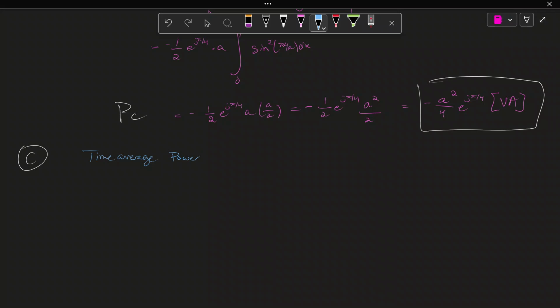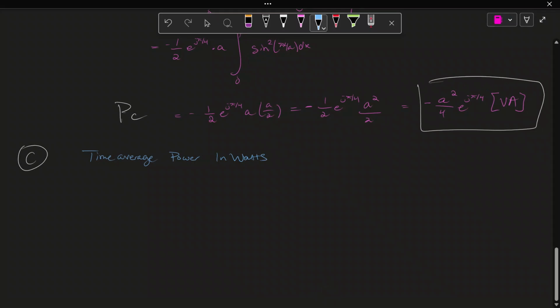VARs don't affect the amount of real power or real work that can be done. I remember from physics, work is equal to the integral of power with respect to time. This is not the complex power, P plus jQ. This is only P. So when they ask for the time average power, they're literally asking you, what is the power in watts? This is very important. Time average power in watts.